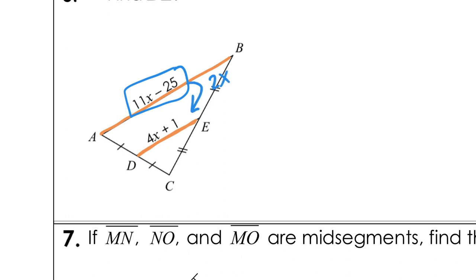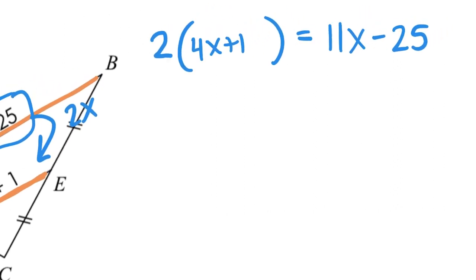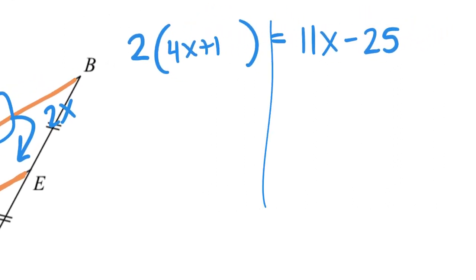If you wanted to make an equation that said that, we could say, okay, 2 times the smaller one, which is 4x plus 1, has to equal the bigger one. So we'll put 11x minus 25. This is how I would normally set these up. I would do 2 times the mid-segment equals that bigger side. And then once you have this equation here, you can just solve this.